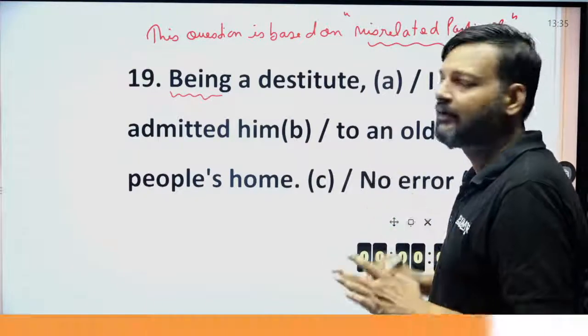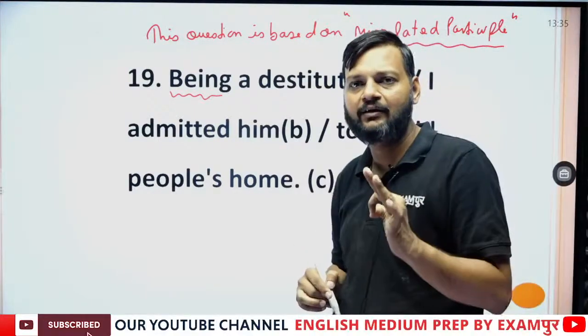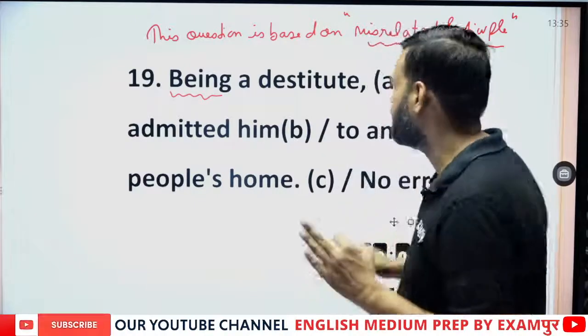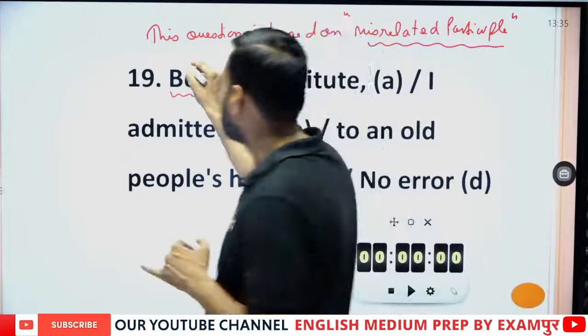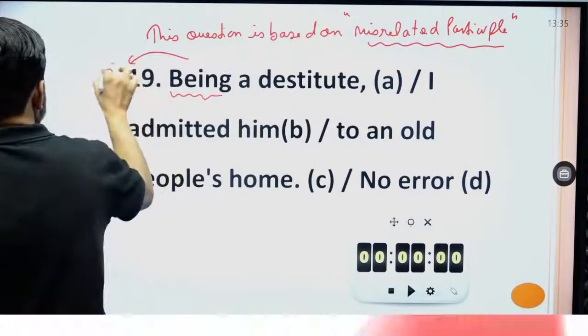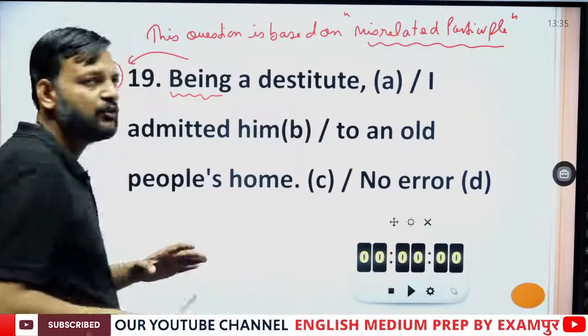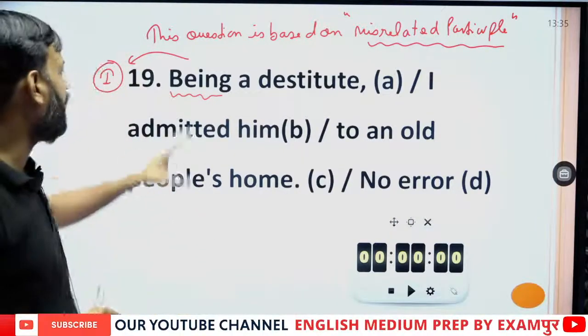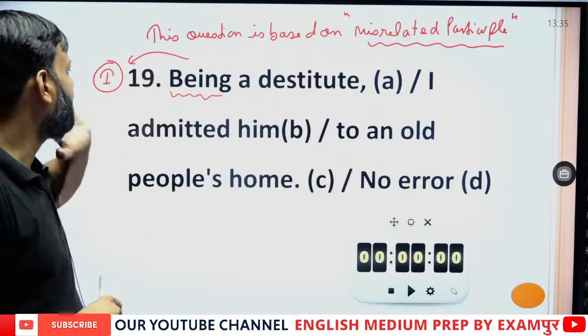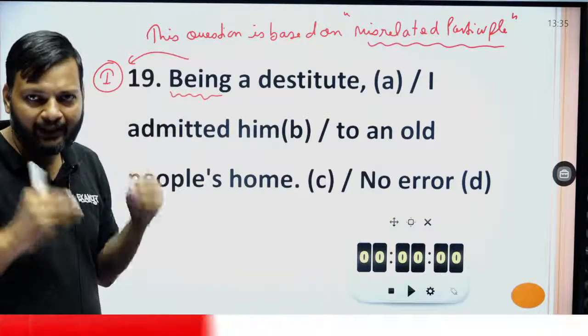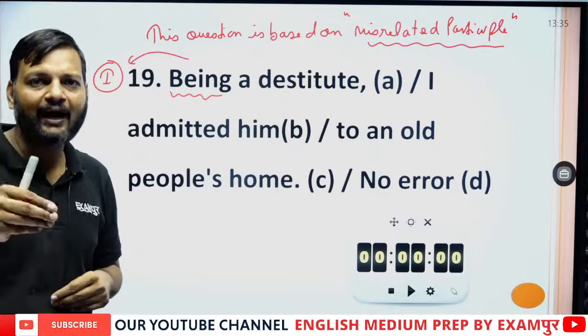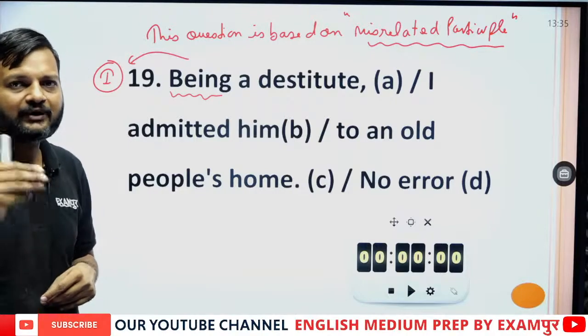If this sentence were correct, the subject of this clause, "being", would be I. But is the subject I?